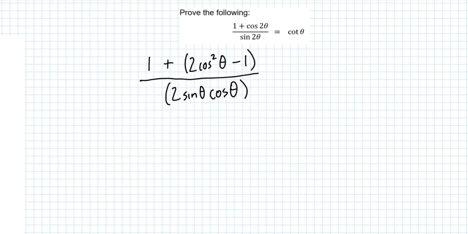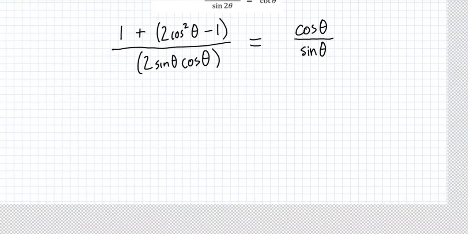All right, so those are the 2 substitutions, everything in the brackets, based on the identity that we just saw. The right side, we want to get it in terms of sine and cosine. So cotangent being the reciprocal of tangent, we will get cosine theta over sine theta.